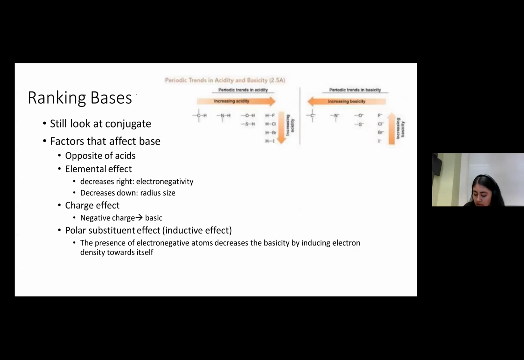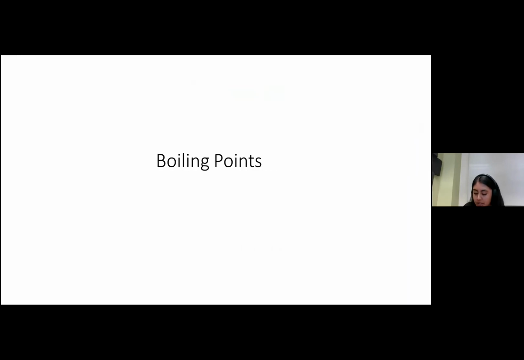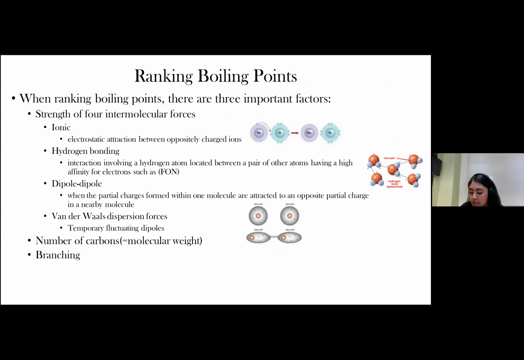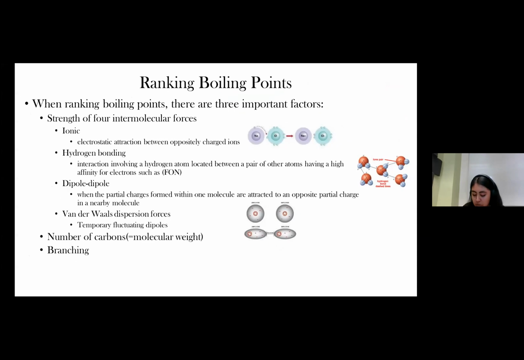Now we're going to move on to a different topic, boiling points. I'm going to try to go through this very quickly because we have 7 minutes. When we're looking at molecules, sometimes we want to rank them based on boiling points, like which one has a higher boiling point versus a lower boiling point. When we're ranking boiling points, there are 3 important factors that we want to look at.